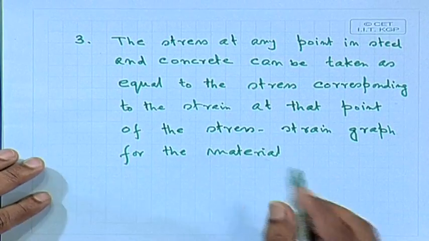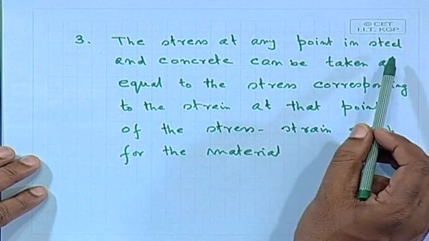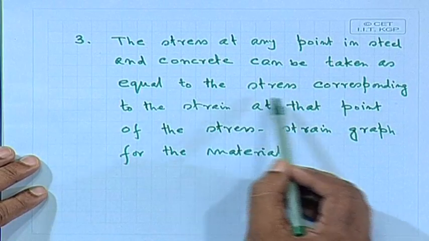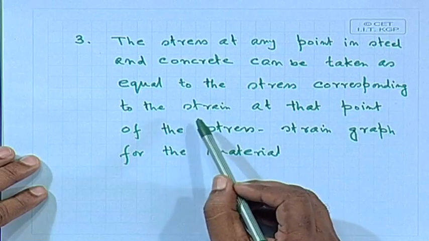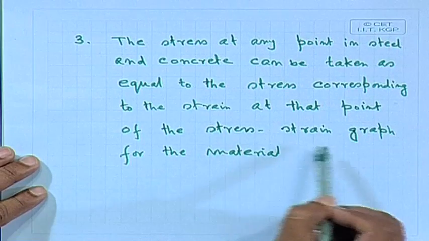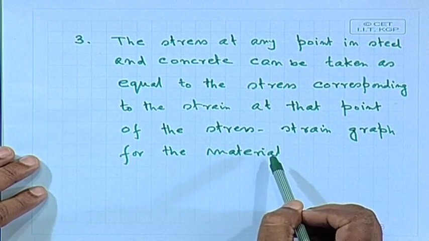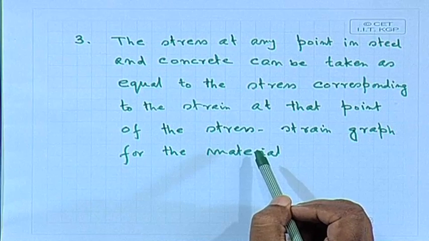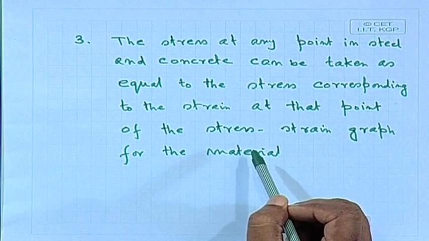I repeat, the stress at any point in steel and concrete can be taken as equal to the stress corresponding to the strain at that point of the stress strain curve for the material. So, we shall get stress and strain at a particular section, at that level, we shall get the strain.